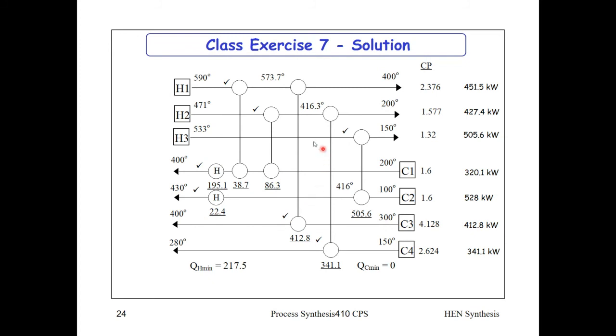Okay, now the only two hot streams that remain, there's two cold streams, C1 and C2, but now we're well away from the pinch, and now we can exchange with these hot streams with this cold stream over here. It didn't really matter which one you use, both of these cold streams are 1.6.